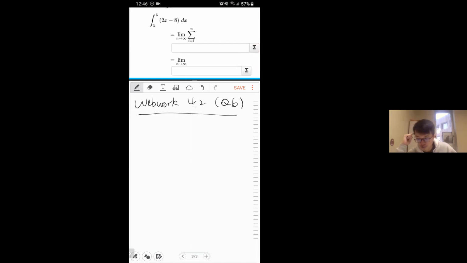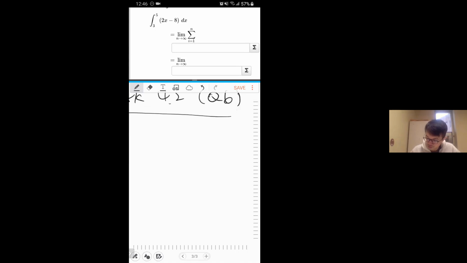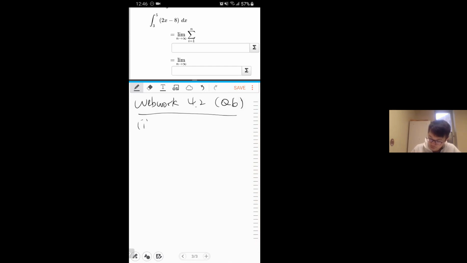The question is to compute the integral of 2x minus 8 from 3 to 5, using the formula that we just mentioned. So you want to find what the function f of x is, what the sample points are, and what your delta x should be. Let's do the delta x first.